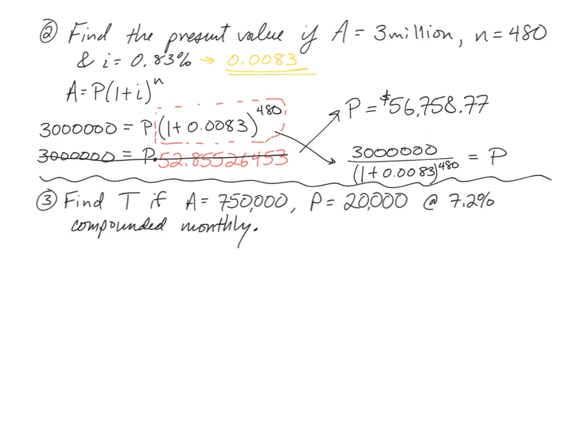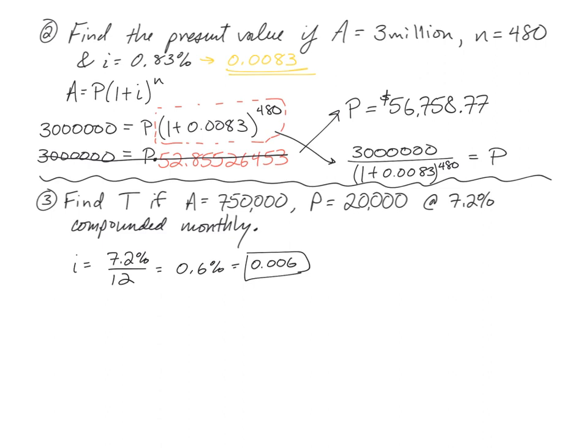The first of which being we need I, and so I will be 7.2% over 12, which is 0.6%, which is really 0.006 as a decimal, which is what we'll need for our formula. In our equation, as you can see up here, we have n.